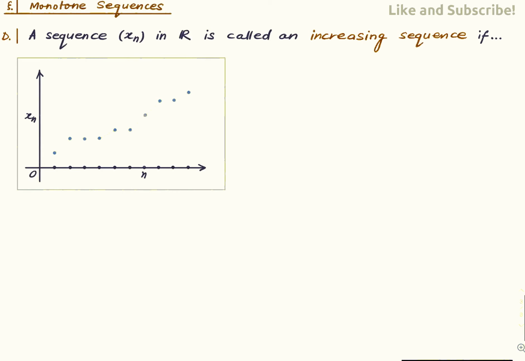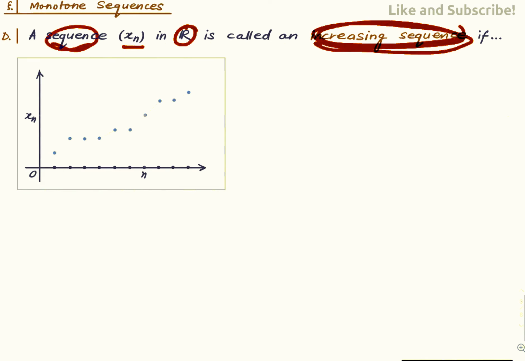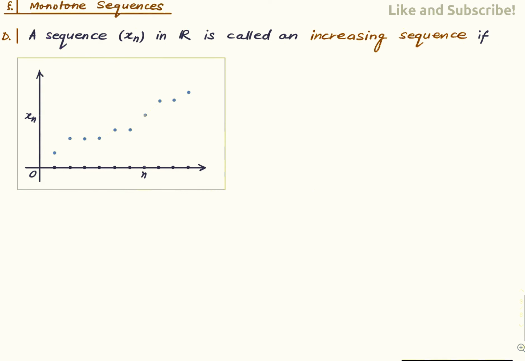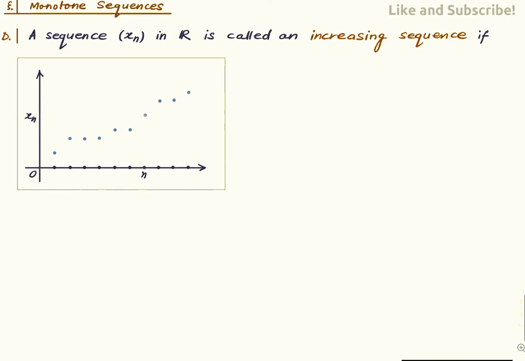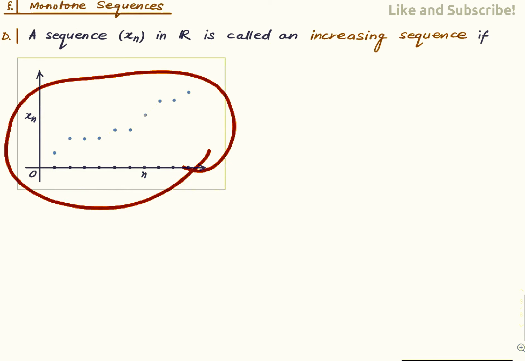So what is a monotone sequence? First, we will define an increasing sequence. A sequence xn in R is called an increasing sequence if, first let's see what is the idea. So I have drawn some diagram here which is supposed to represent a sequence. Recall that if you have a sequence, you can draw a graph of it.